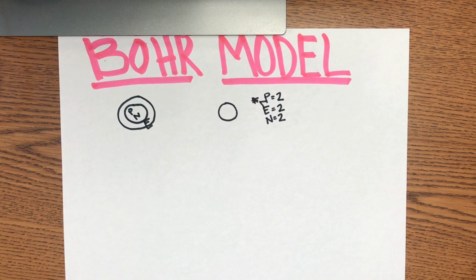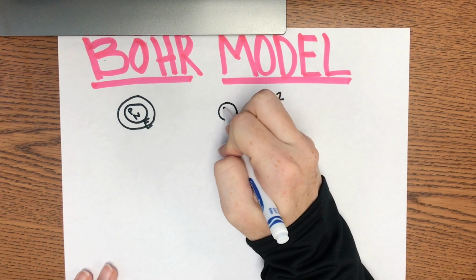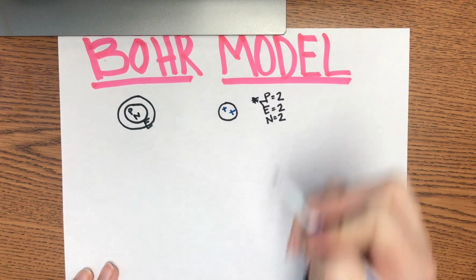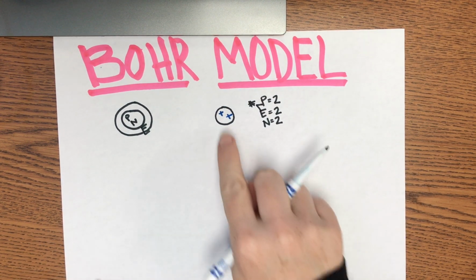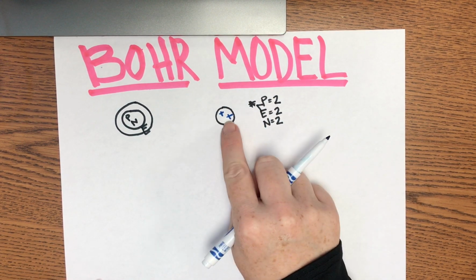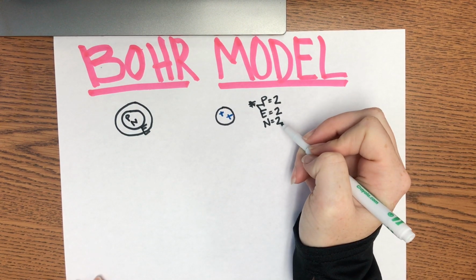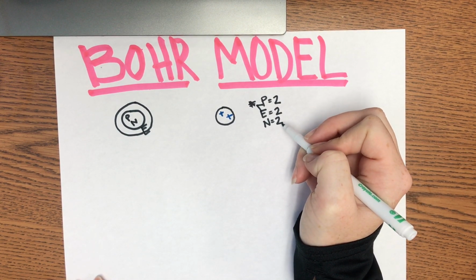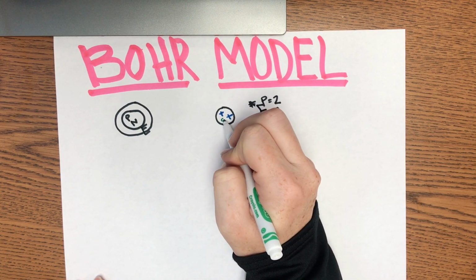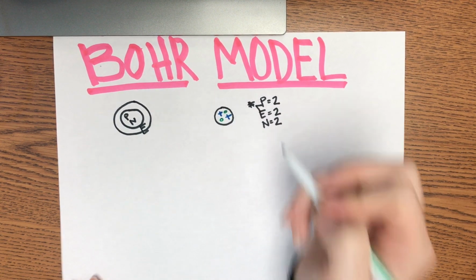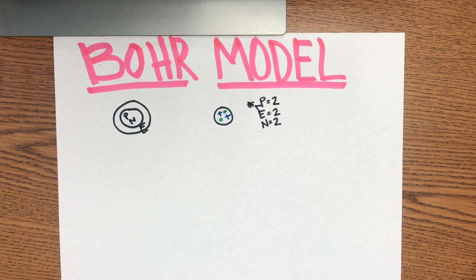Now, to draw our proton, instead of putting a P for proton, we're going to use a plus sign, because our protons have a positive charge. So for this model, we're going to put 2 plus signs because we have 2 protons. We also have 2 neutrons. Because neutrons have a neutral charge or no charge, we're going to draw those by putting zeros inside of our nucleus.